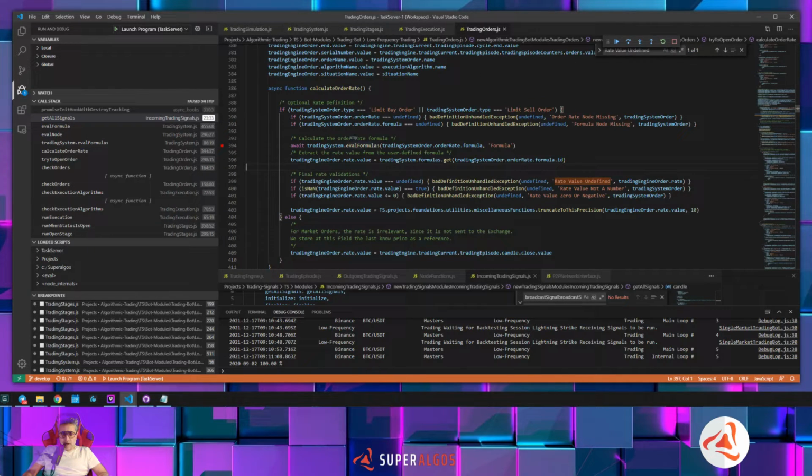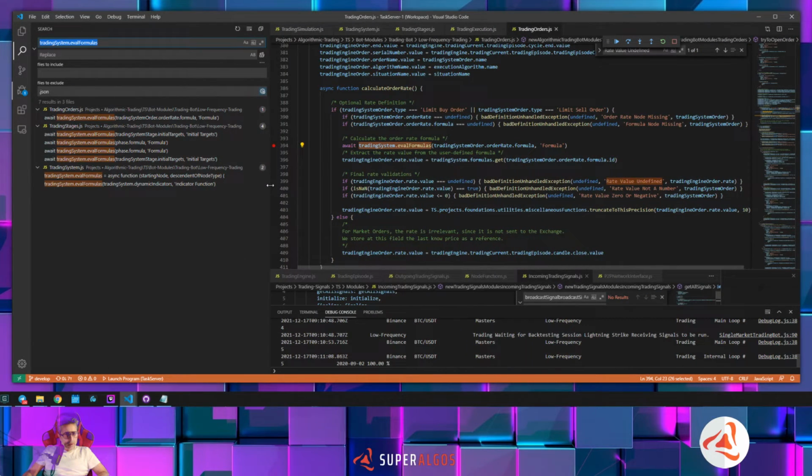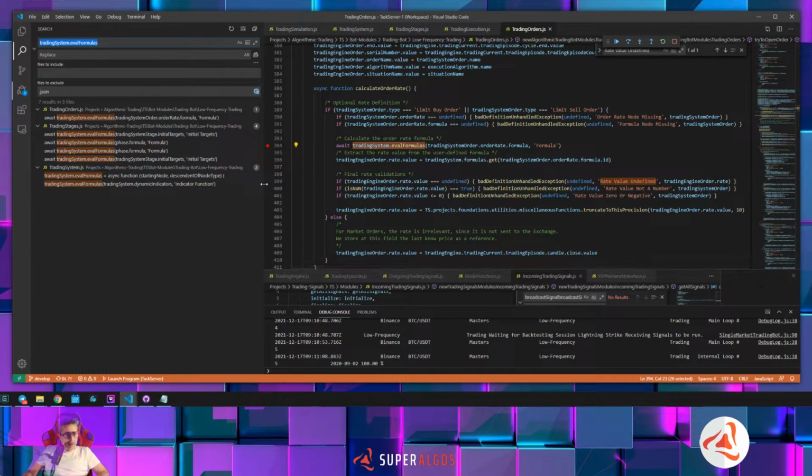So eval formula. Probably this was the problem yesterday. What I'm not seeing is a single place where I'm evaluating formulas that I'm sending this right. So how was it working yesterday?